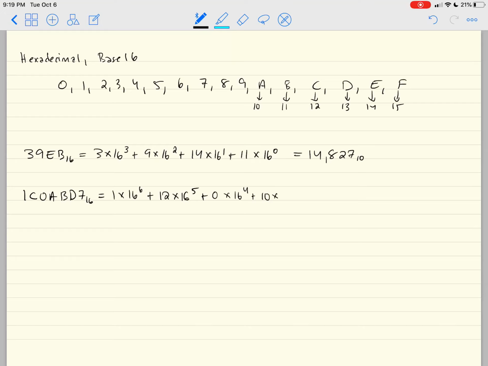A, which is 10, times 16 cubed. B, which is 11, times 16 squared. D, which is 13, times 16 to the 1. And 7 times 16 to the 0. My calculator told me this was 29,404,119 in decimal. Okay.